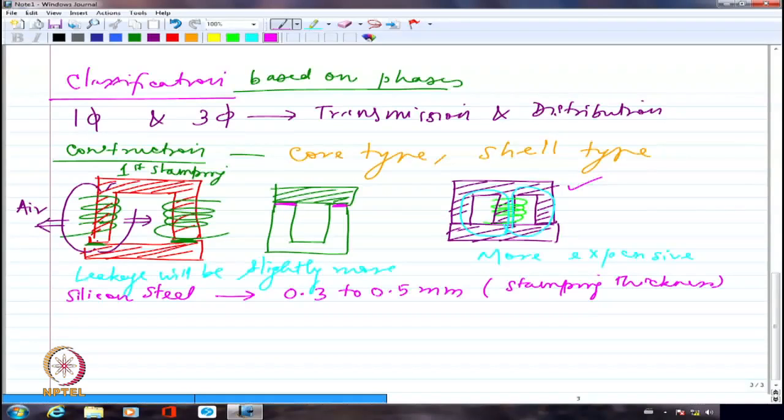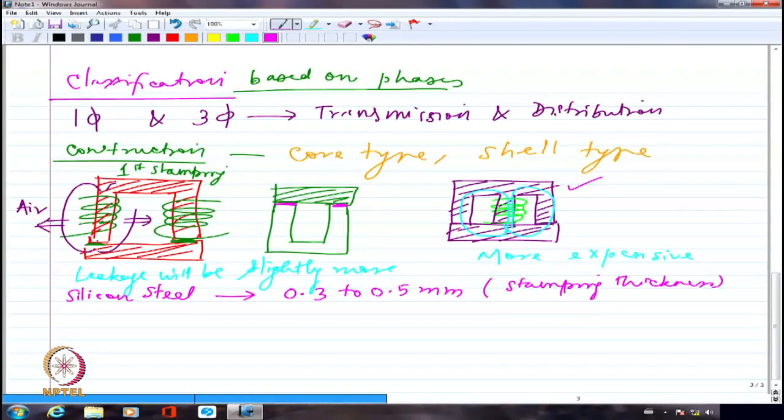Rather, what you do is, you make the stamping in the shape of C. Then you just put the winding like you put a ring in a finger. So you put the ring, and then close the other side. That is how generally the transformers are made, because the windings are extremely heavy. That's the reason. Got it?